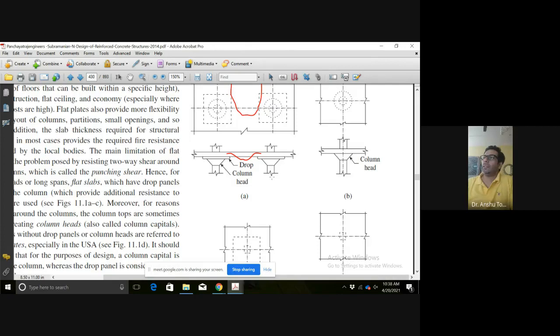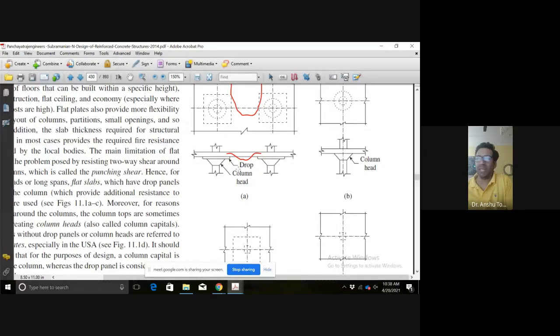And the second one is that we are providing this column head or column capital in the flat slabs because the load transfer mechanism is dominantly being taken care of in shear also. So we have to check it for punching shear also.